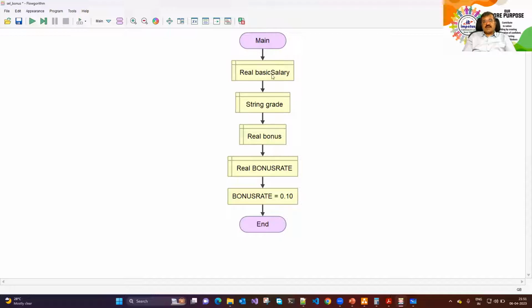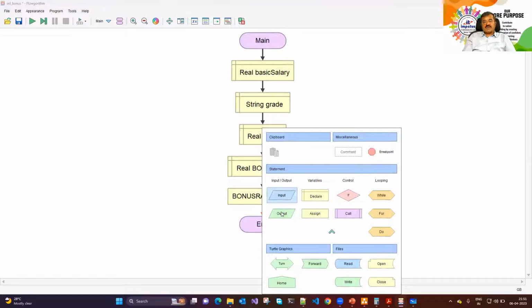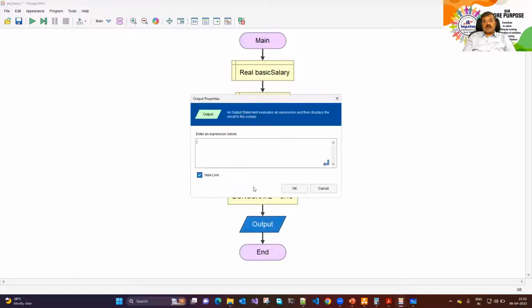Bonus, grade, and salary, all the 3 variables have been created. Now let's go ahead accepting from the user. So I say output. I prompt the user. I say please enter the basic salary. And that to my unit of measurement is rupees. So I say in rupees.